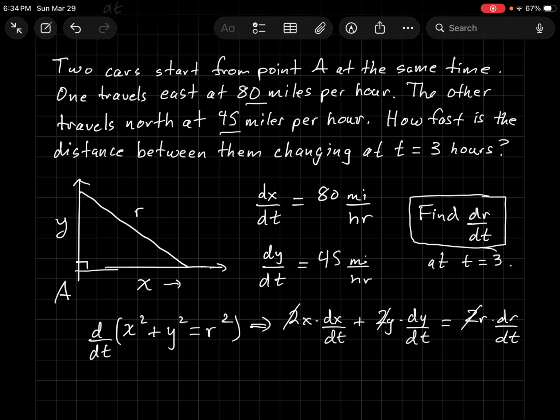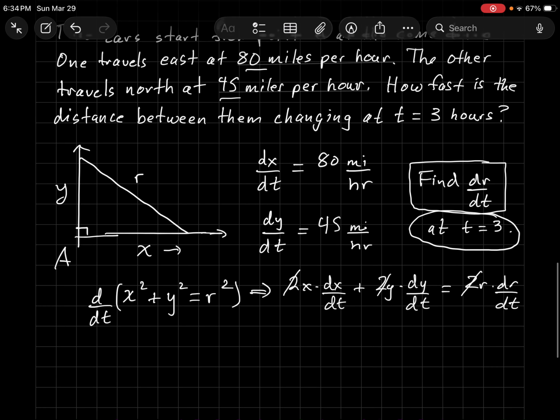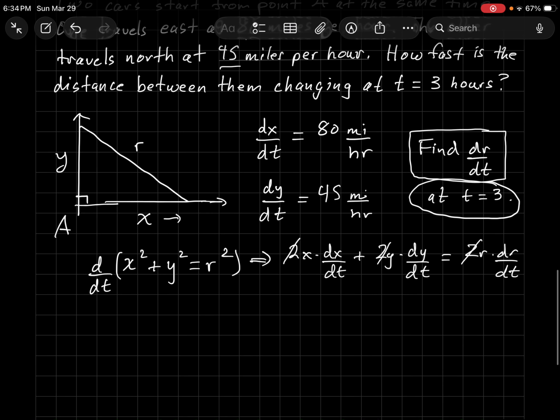And in fact, we never really used this piece of information at t equals 3, did we? So how can I use that piece of information? If both cars start at point A and x is going 80 miles per hour for 3 hours, then I know that x equals 240 miles.